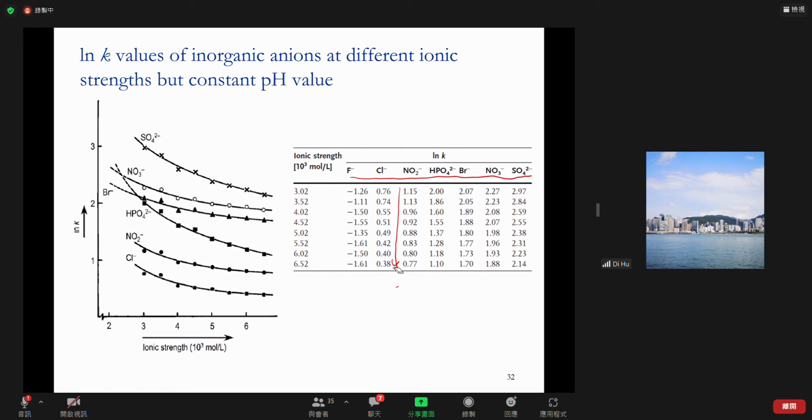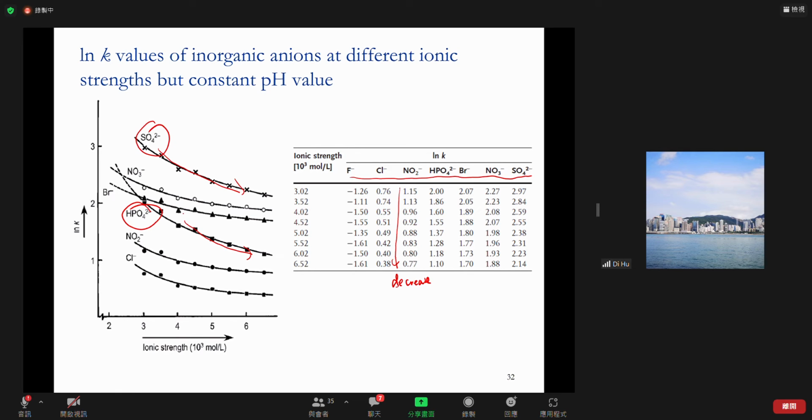But obviously we can see that the divalent ones are more sensitive. Their change is more sensitive to the change of ionic strength than the monovalent ones.